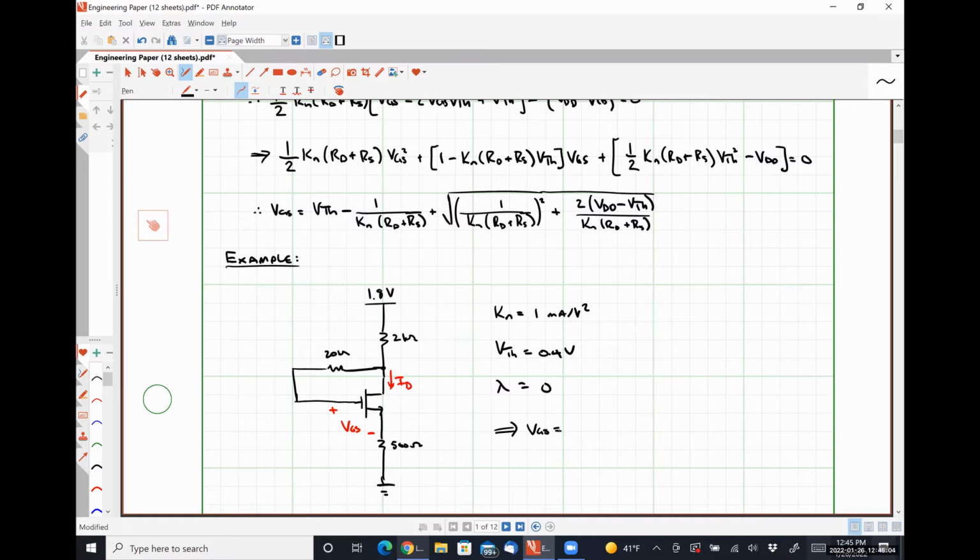Let's store that for the sake of argument with X. So that we have 0.4 minus 1 over X plus square root of 1 over X squared plus 2 times VDD minus VTH. So 1.8 minus 0.4 looks like 1.4.